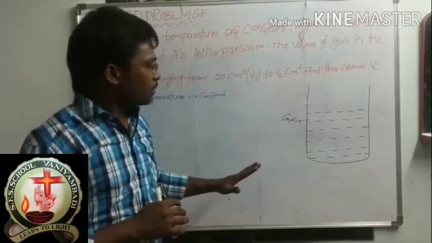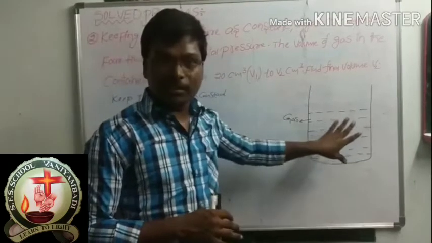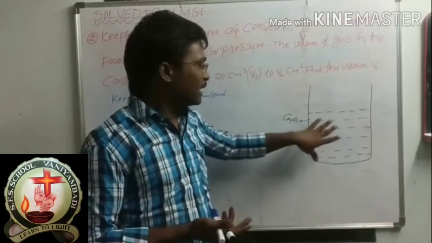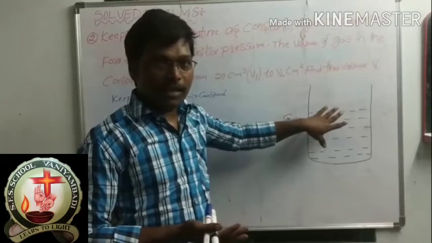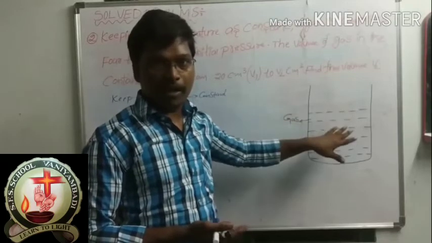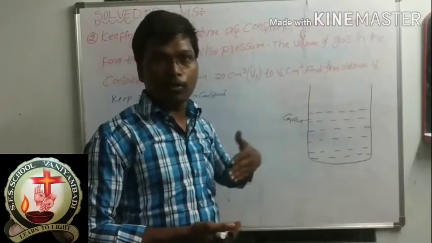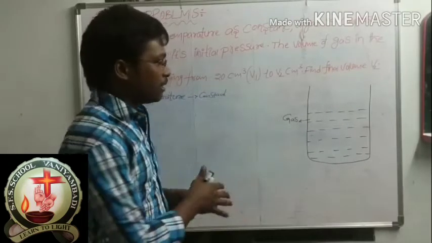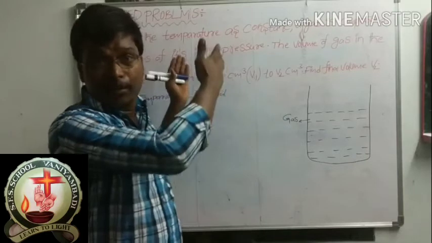Now, initially means starting. Initially, how much pressure does this container have and how much volume, we have to know. First of all, we don't know, because he didn't mention the initial pressure in the question.